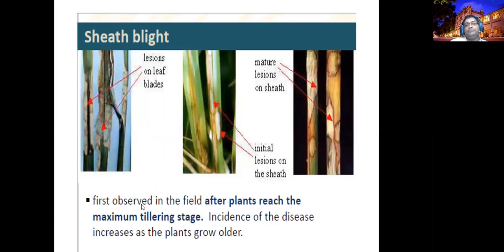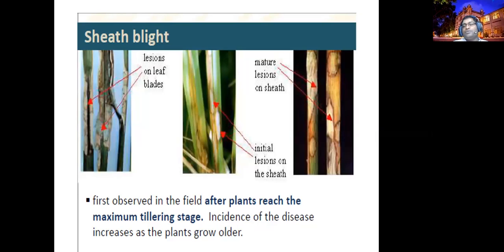So these first observations come after the plant reaches maximum tolerance. The first symptom you will observe of this disease is not at the seedling stage. You can observe it when tillering has started. At the maximum tillering stage, you can definitely expect it, because in between the tillers, sclerotia can go in easily and get trapped.